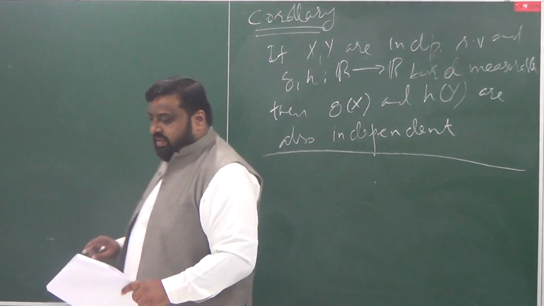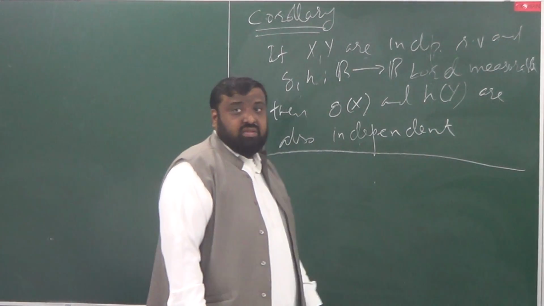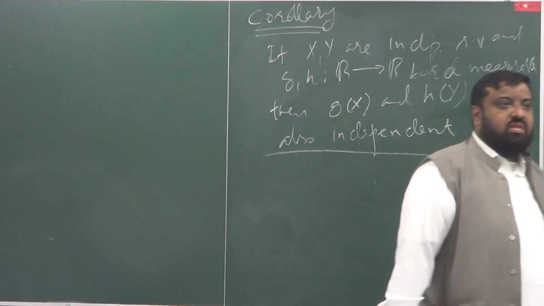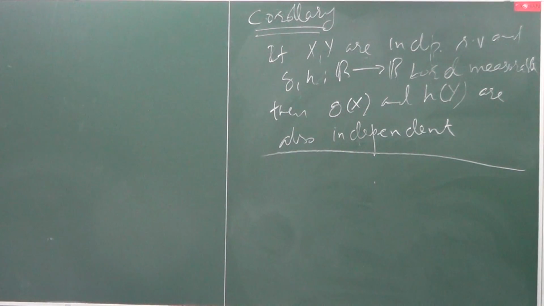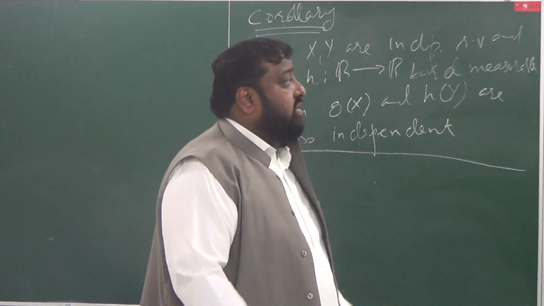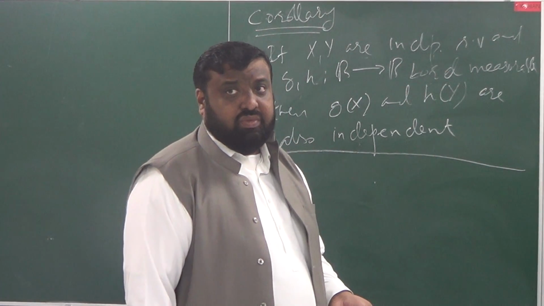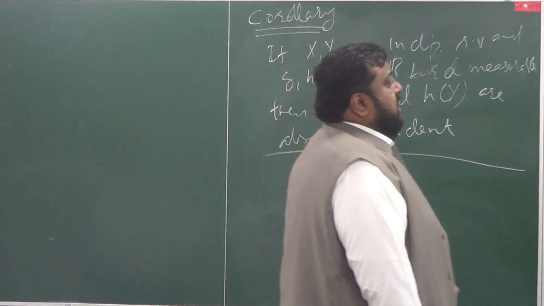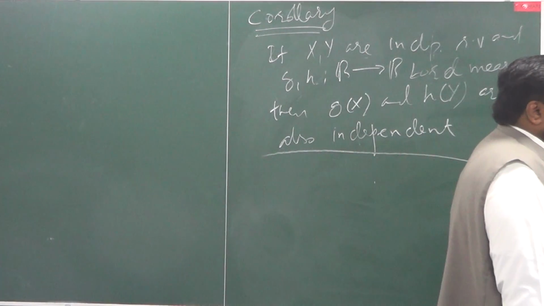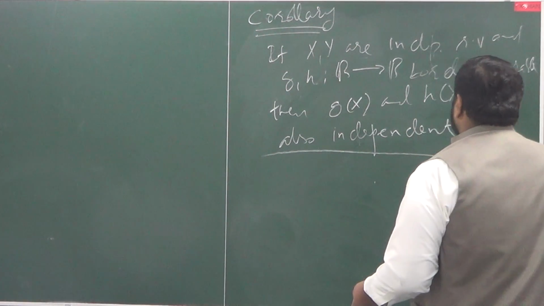Let's see why this follows from this result, and then we'll talk about what this result means. Now think about it. If X and Y are two independent random variables, then they'll generate independent sigma fields.